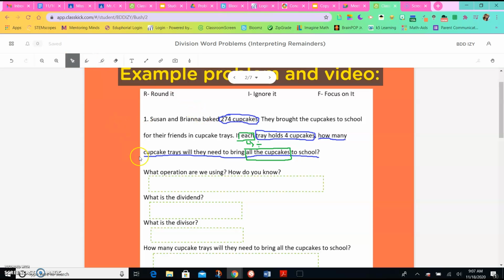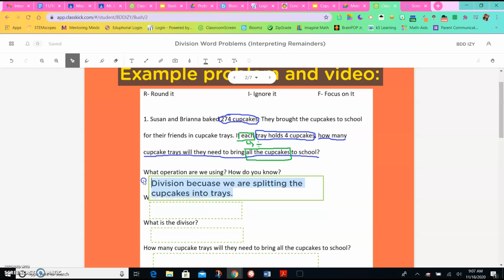Okay? So what operation will we be using and how will we know? So I'm going to type in my box, division, because we are splitting the cupcakes into trays.